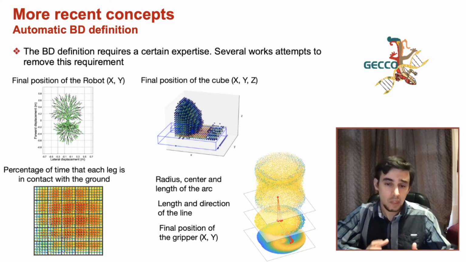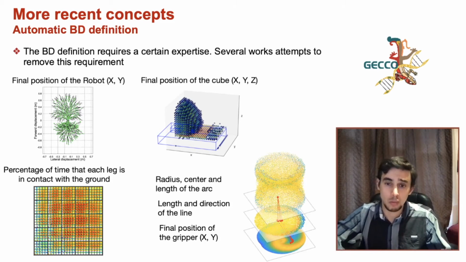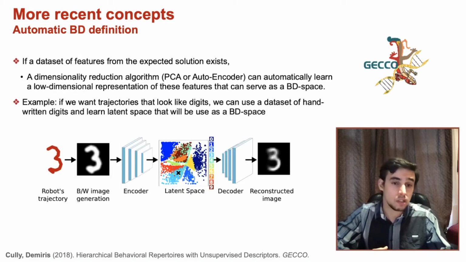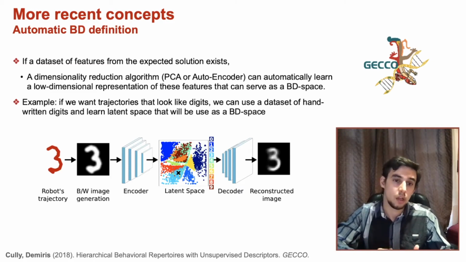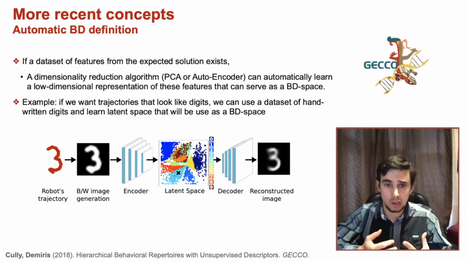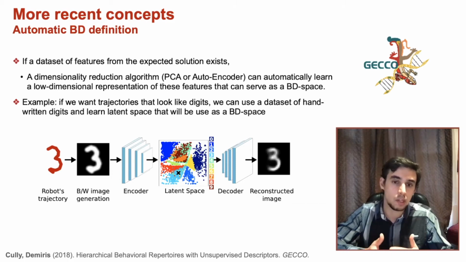And there has been some work to try to make the definition of the behavior descriptor a bit more automatic. For instance, in this hierarchical repertoire task, what we wanted to do at some point was to draw digits. But sometimes the task is quite difficult, so that we cannot find a low dimensional representation of the task that can be manually defined.